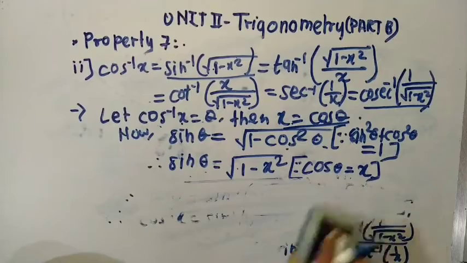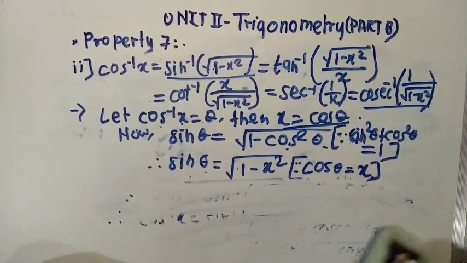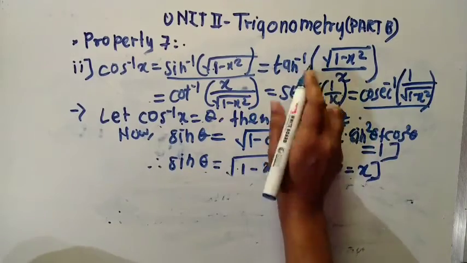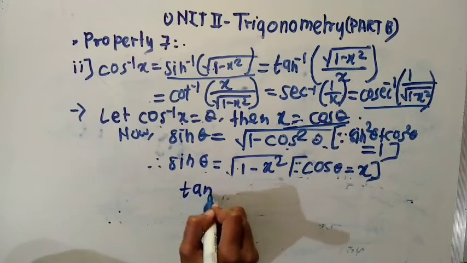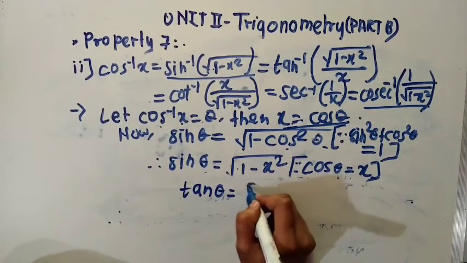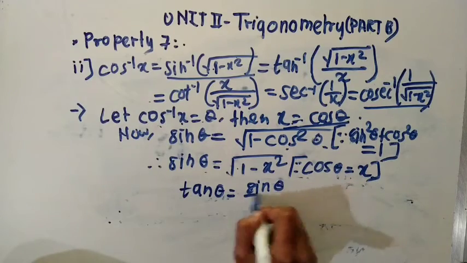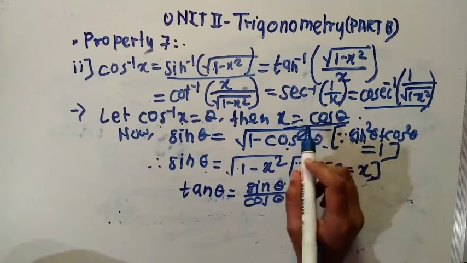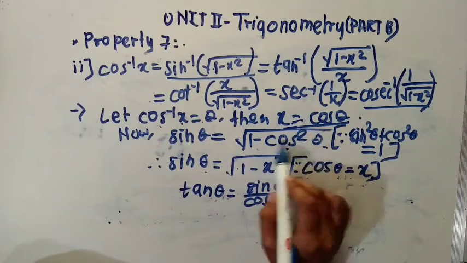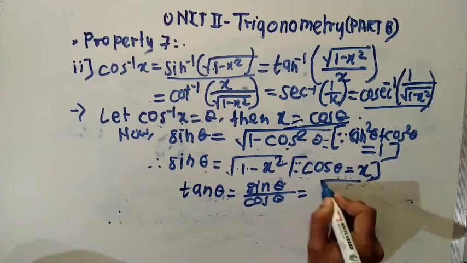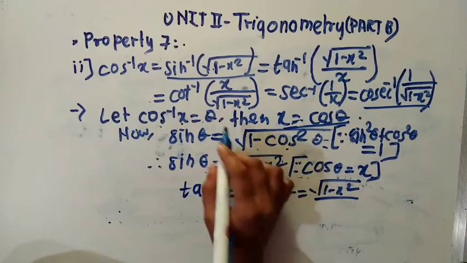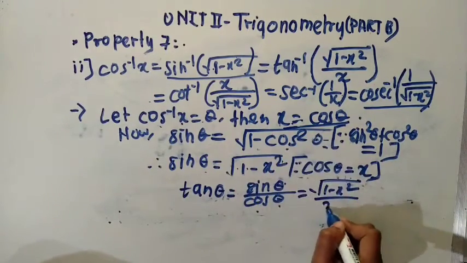Then we find out in terms of tan inverse. So tan theta is equal to sin theta upon cos theta, but sin theta is the root of 1 minus x square and cos theta is equal to x.